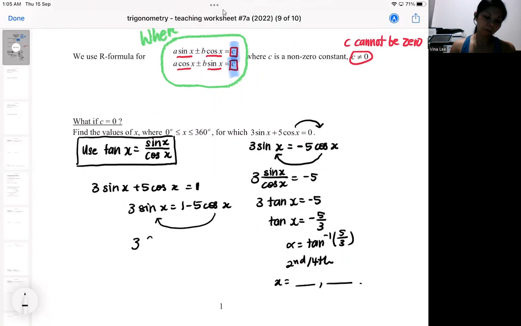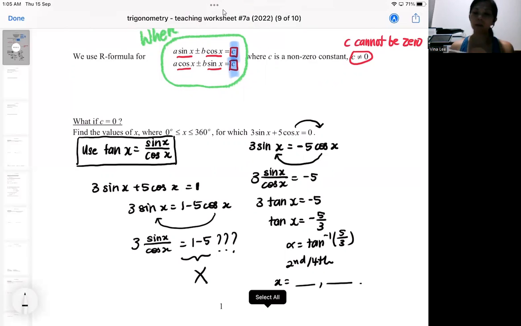Some people will do this kind of thing that doesn't make sense. They will literally divide over, then tell me that I'm left with this. This is totally wrong because it doesn't make algebra sense. You cannot just divide by the cosine if there's a numerical value.